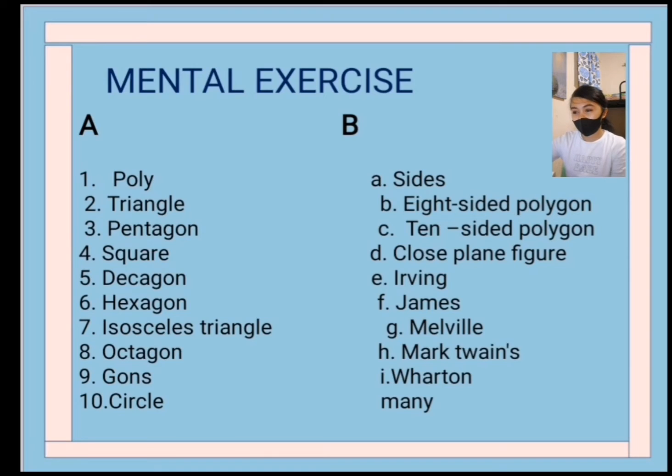So, for a mental exercise, another example. Column A consists of the shapes, while column B consists of the options. We have the sides, 8-sided polygon, 10-sided polygon. So for example, circle, number 10.